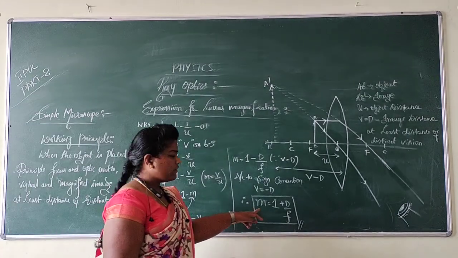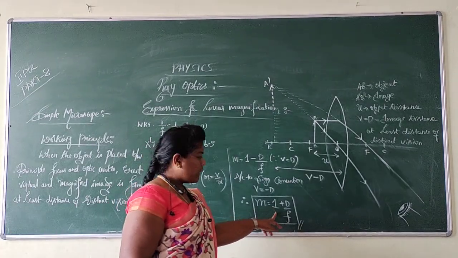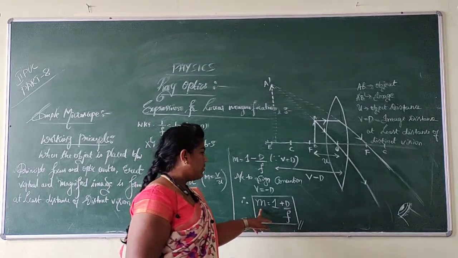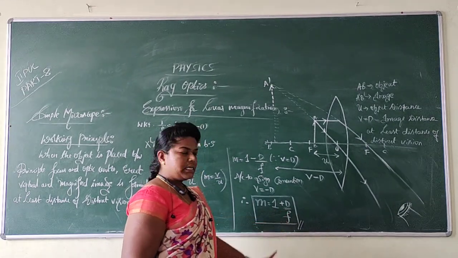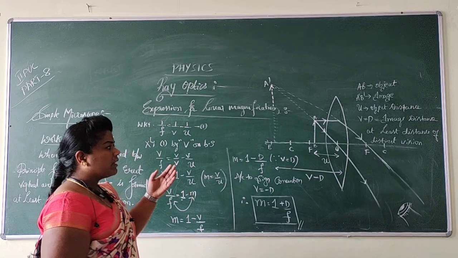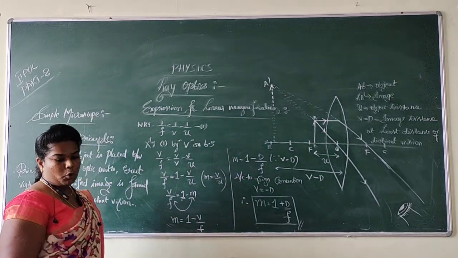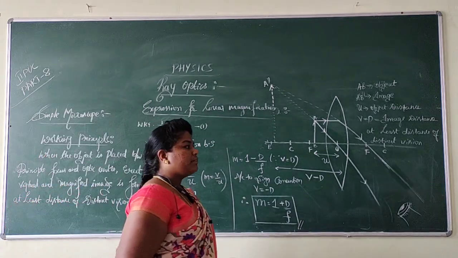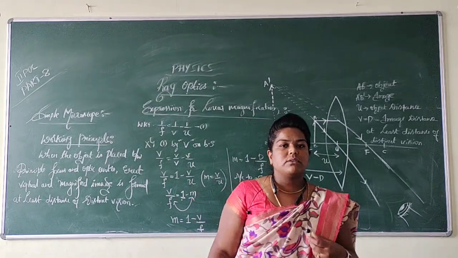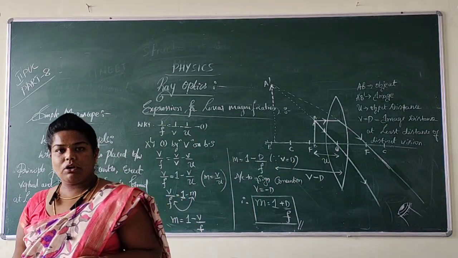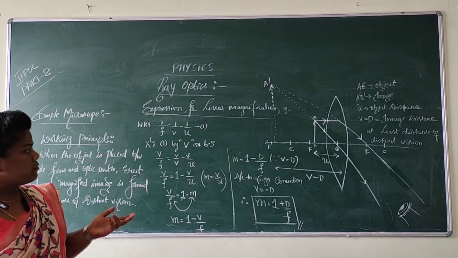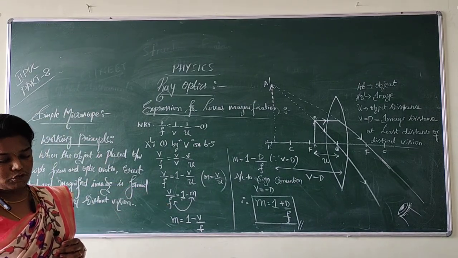That is, magnification m is equal to 1 plus d by f, where m is the magnification, d is the least distance of distinct vision, and small f is the focal length of the given simple microscope. This is about the linear magnification. Dear students, not only this, we can even move to the discussion of angular magnification produced by this simple microscope.